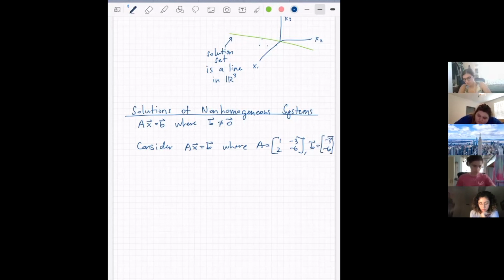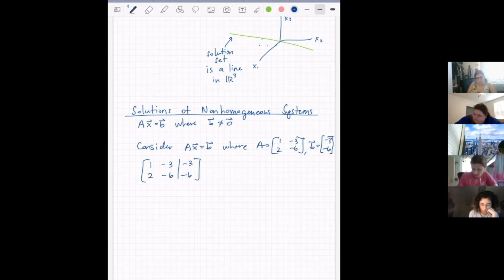Okay, so we can write down the augmented matrix, and that will be this guy right here. Notice that the second row is a constant multiple of the first row.